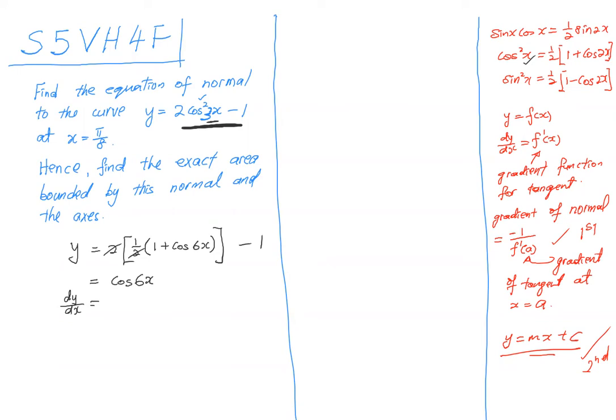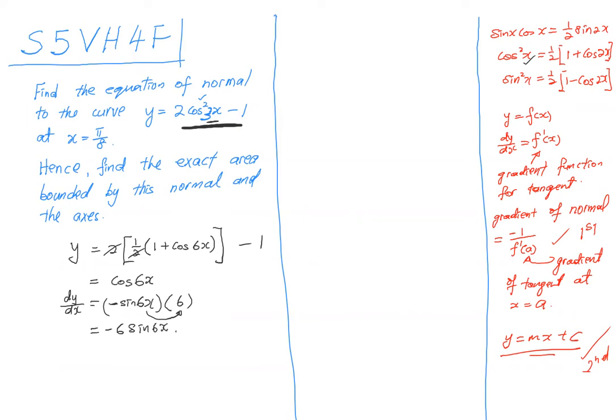So I'm very glad that all of you have remembered this negative sign. So I have to find the derivative of whatever is inside. So I got negative sin 6x.